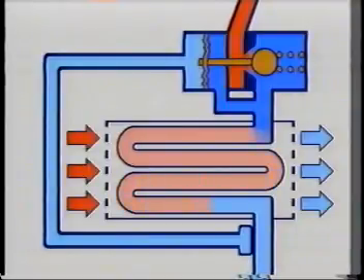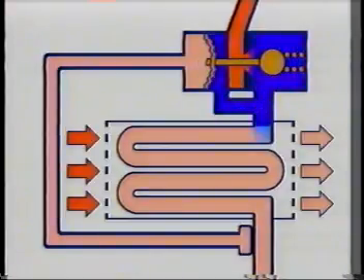So the temperature of the refrigerant at the exit of the evaporator rises. The heat-sensitive tube sends a signal to the expansion valve telling it that the temperature is high. The expansion valve opens up the refrigerant passage so that a larger amount of refrigerant is permitted to flow through the evaporator.